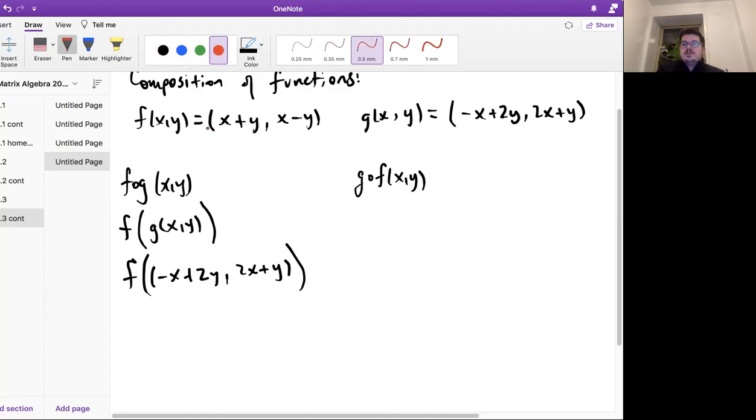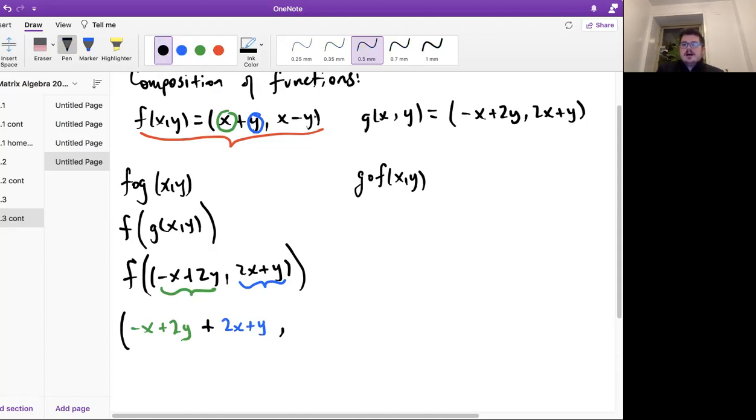So you do this just the same as you would in one variable. What do you input? So here's f, and the x represents the first coordinate, and the y represents the second coordinate. So when you do the composition, the result is, well, you plug this in for x. So it's going to be negative x plus 2y. And then it's plus your second coordinate, 2x plus y.